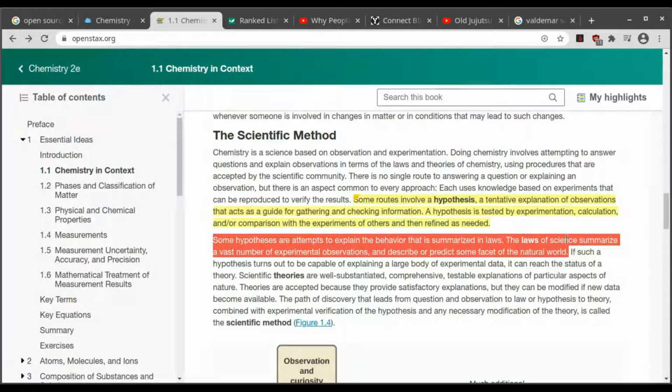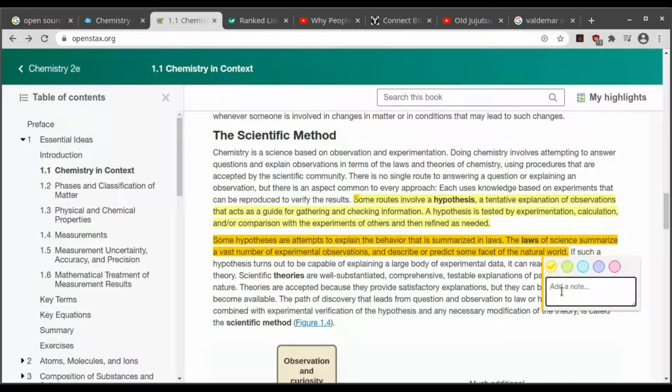Okay. And then the next one says, if such a hypothesis turned out to be capable of explaining a large body of experimental data, it can reach the status of a theory. And here we get the definition of theories. Scientific theories are well-substantiated, comprehensive, testable explanations of particular aspects of nature.